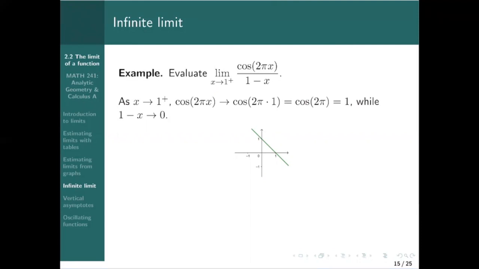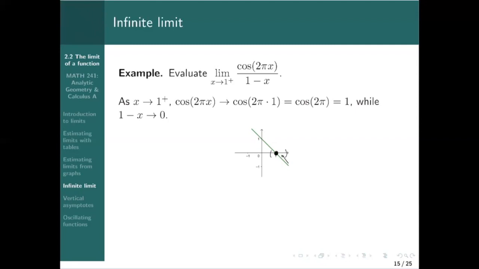So let's consider an open interval containing 1. But now, because we are approaching from the right, it means that we are considering numbers of x that are actually bigger than 1 only. So as x goes to 1 from the right, the graph of the function is going to approach this number here, which has height 0.